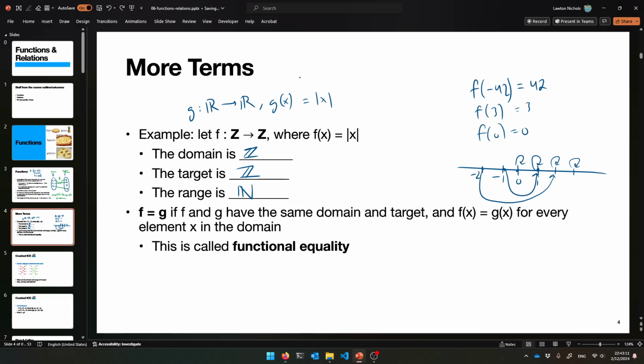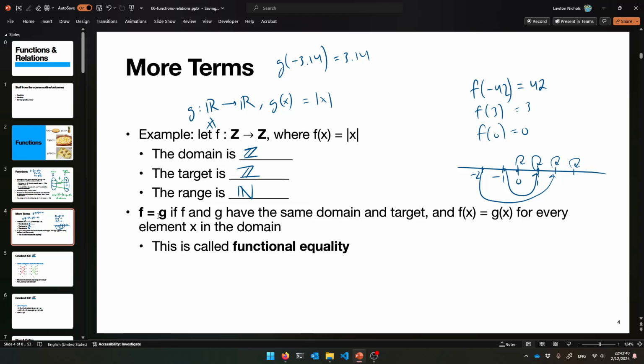Because it takes and outputs different things. f is not allowed to take pi. f can only take whole integers. g can take any real number, so g can take pi. It can take negative pi, in fact. You can pass along negative pi to g because a real number can have decimals like that. And it will give you back positive 3.14, which is another real number, right? Another number with decimals. So these two functions are not the same. You see that? That's important.